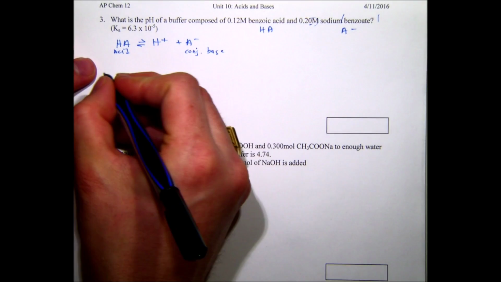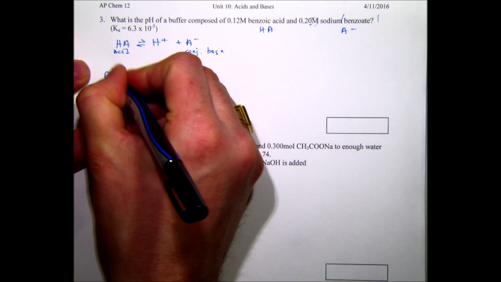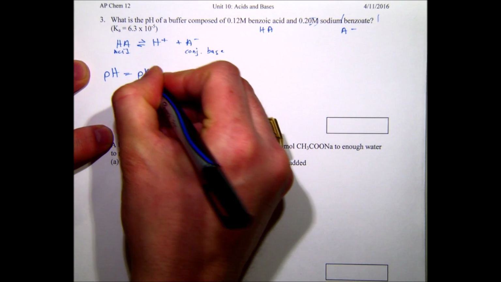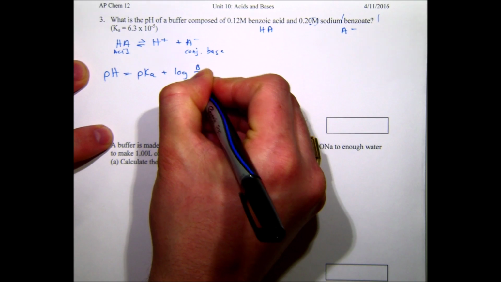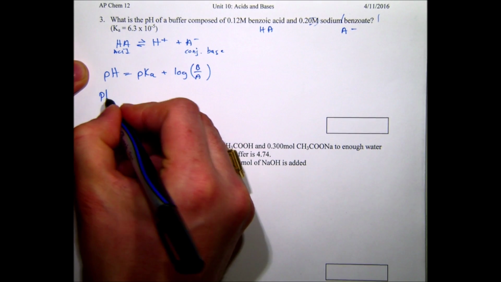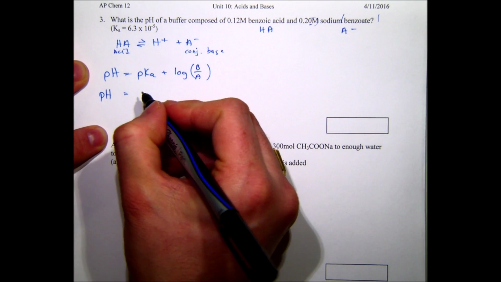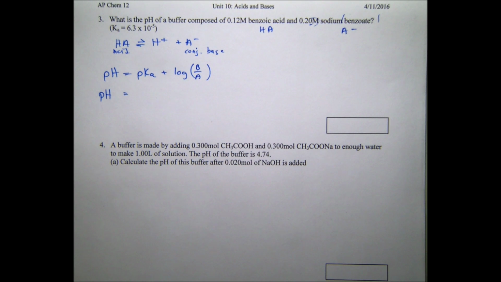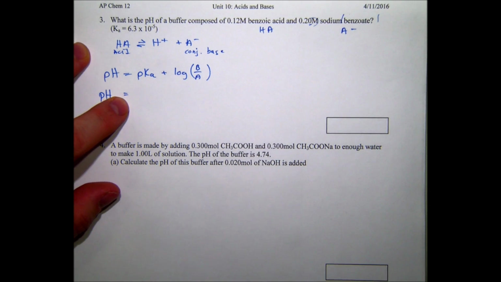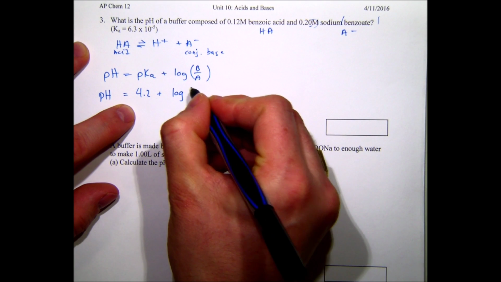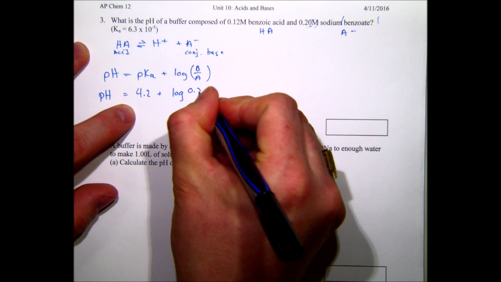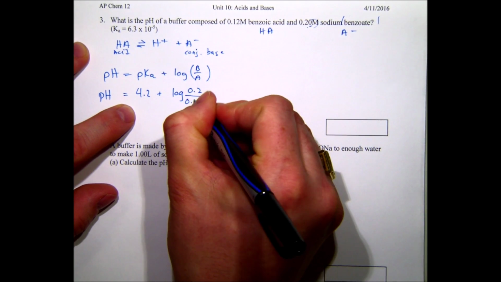So we're going to go right after Henderson-Hasselbalch. So the pKa in this case is the negative log of 6.3 times 10 to the negative 5, and that equals 4.2, plus the log of the concentration of the base, 0.2, over the acid, 0.12.